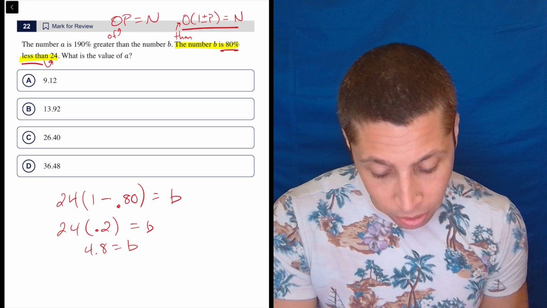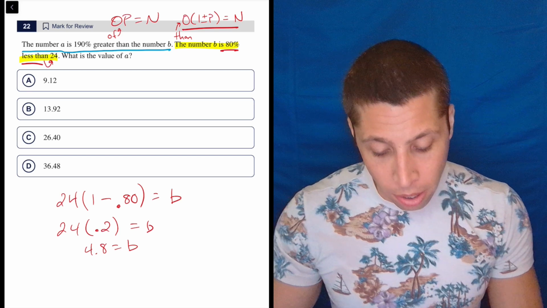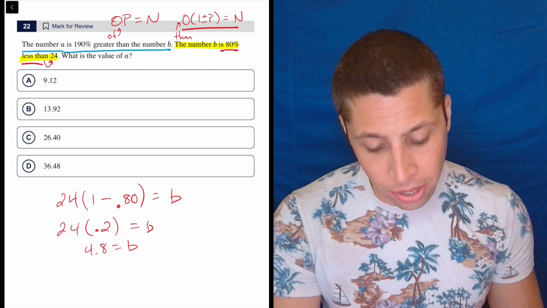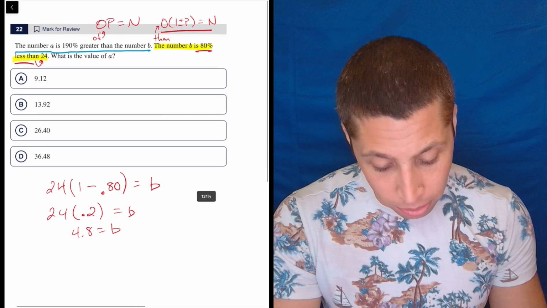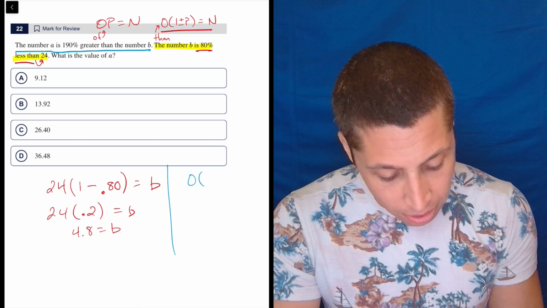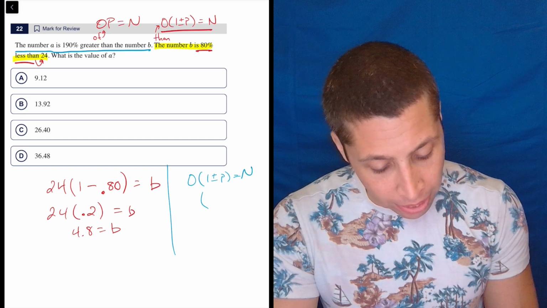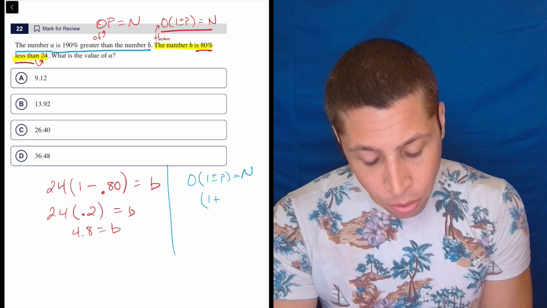Now we can go to this first bit and we can solve that. So the number A is 190% greater than B. Well, let's use the same formula, right? So it's the O times 1 plus or minus P equals N. This time it's greater than, so that's 1 plus. And be careful with this.